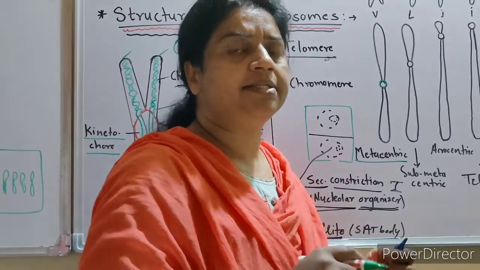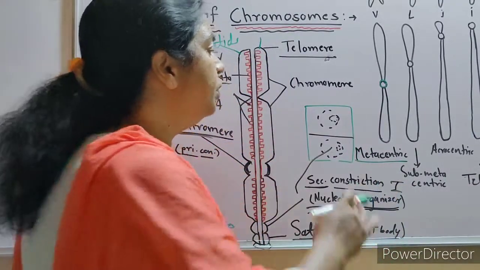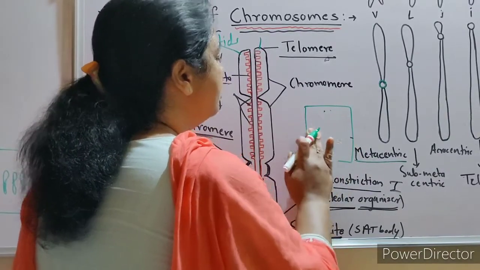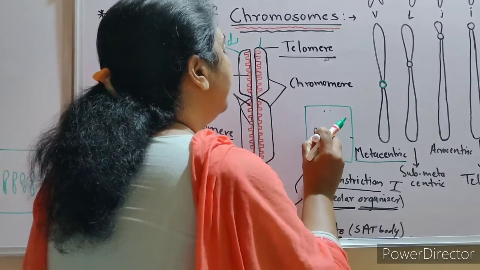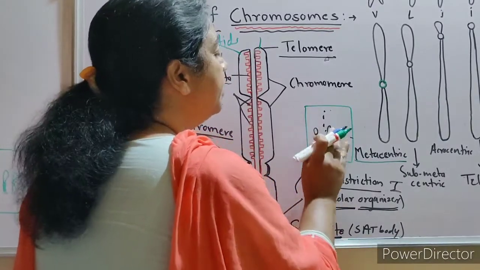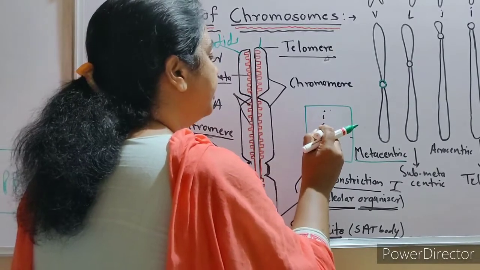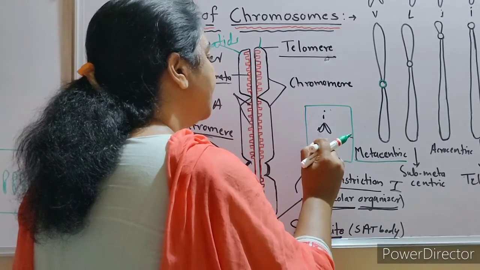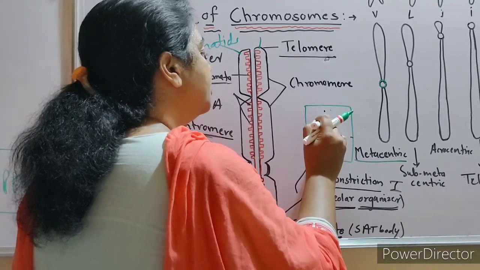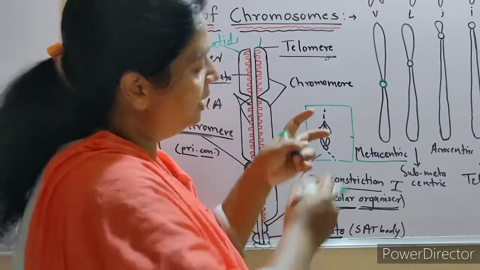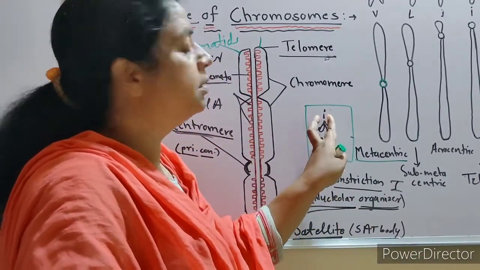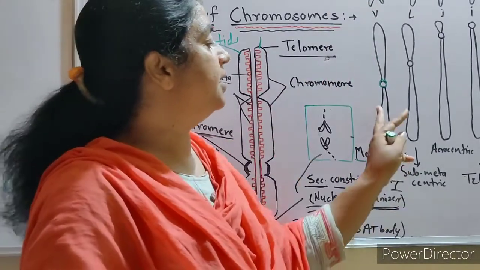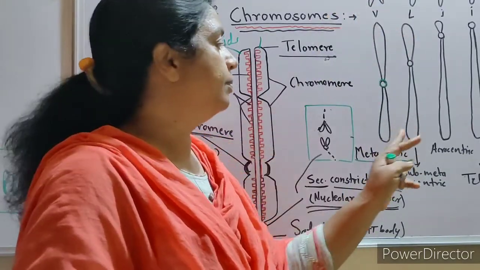During anaphase, when chromosomes are pulled to opposite poles by spindle fibers attached to the centromere, the two arms trail on the inner side and it becomes V-shaped. During anaphase, this metacentric chromosome becomes V-shaped.